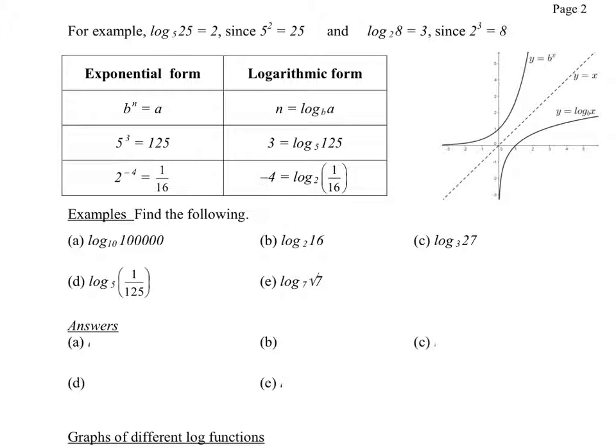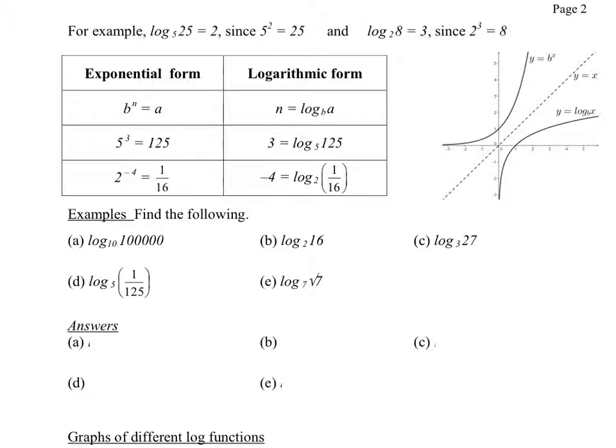Now, anytime you've got an exponential form of an equation, and we have 3 examples here of exponential form, they can equally well be written in logarithmic form. This example here would be log base b of a is equal to n. This one would be log base 5 of 125 is equal to 3.